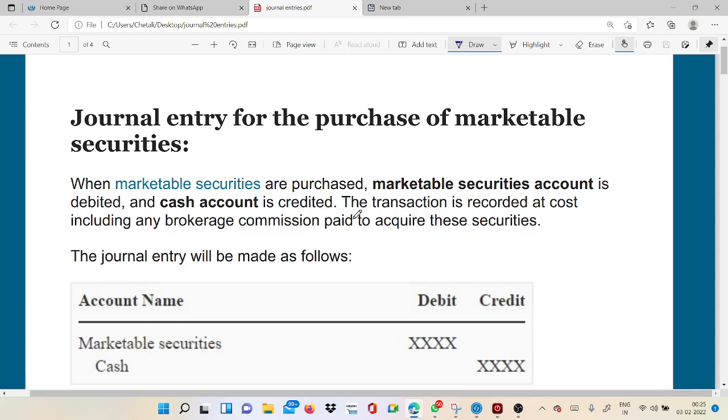Here we'll discuss the facts, or what the investment accounting standard says about the two different dates. Okay, so let's start without wasting time. We will go through this PDF, and I'll share it with you all so you can read it and save it for future reference as well.